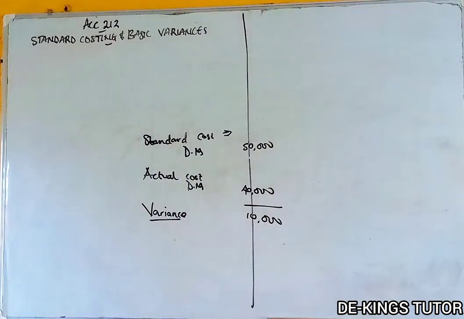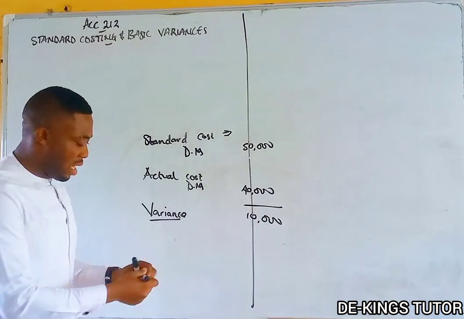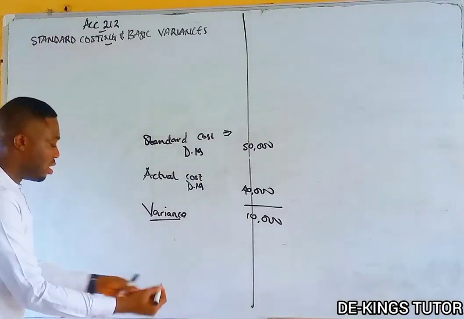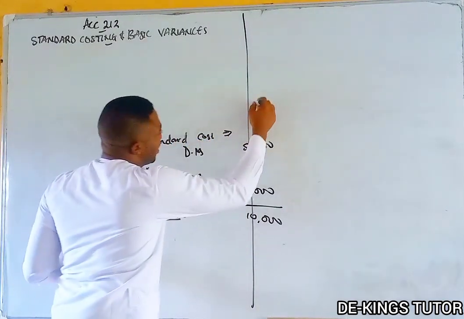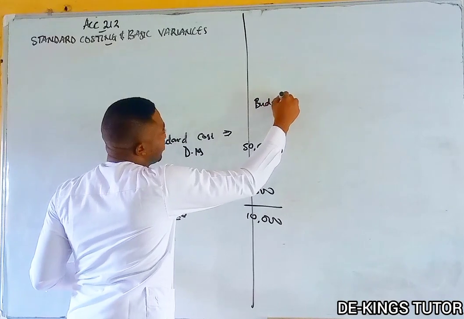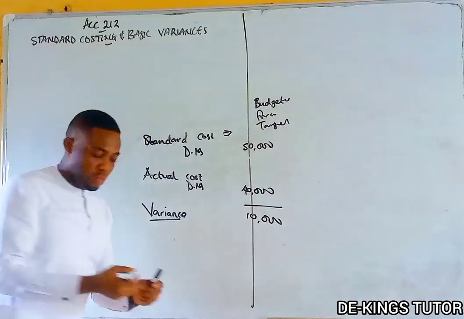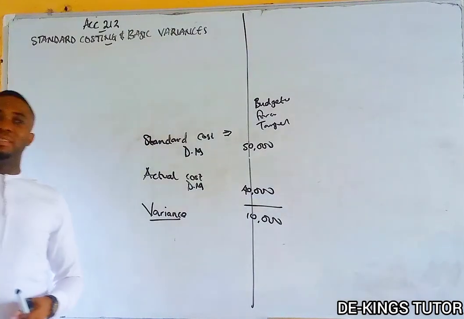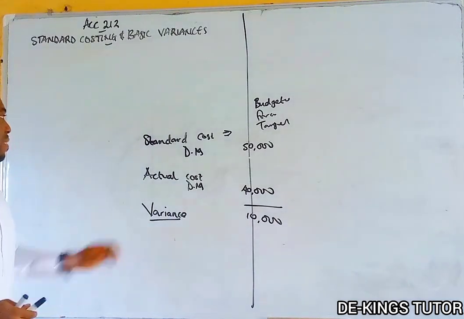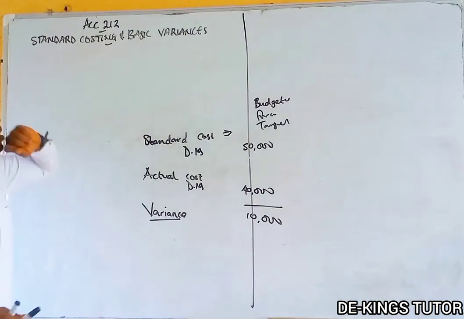So the standard cost, like we said, is also known as budgeted, forecasted, target, or scheduled cost. That is a predetermined amount that is supposed to be spent. Okay, so that is standard cost.